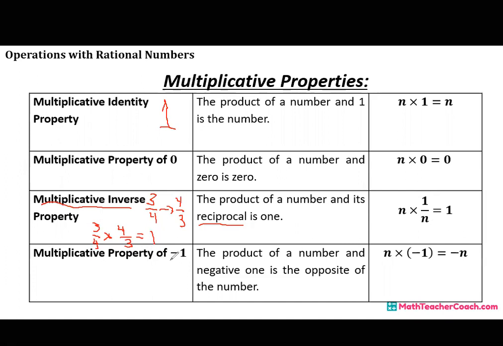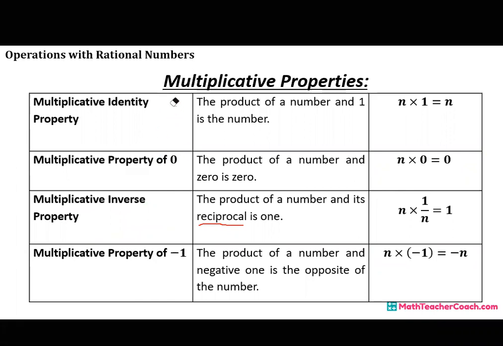Multiplicative property of negative 1. The product of a number and negative 1 is the opposite of the number, which means if you have a number like n times negative 1, the answer will be negative n.